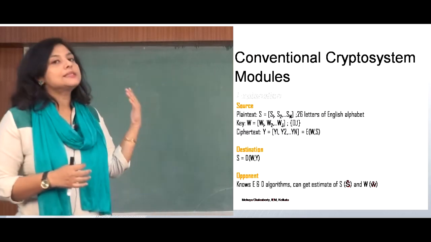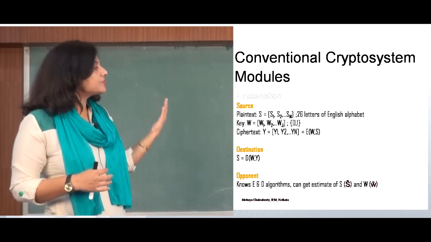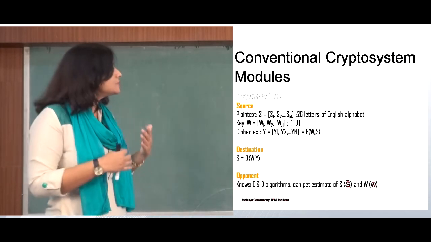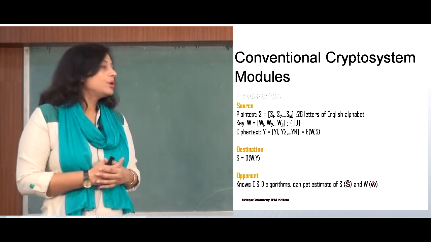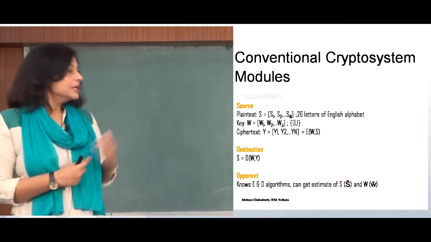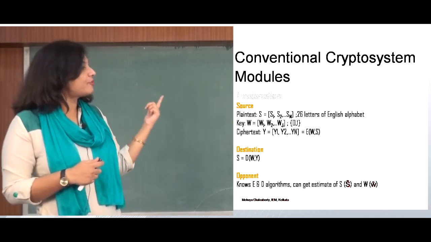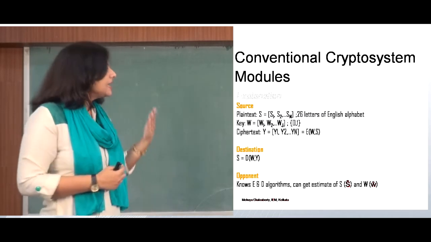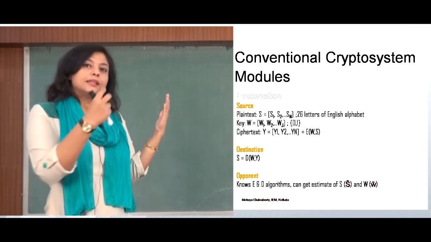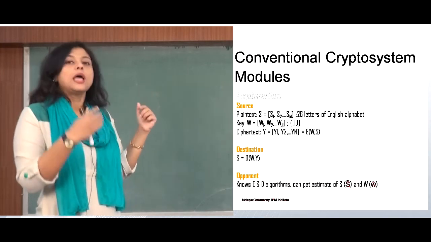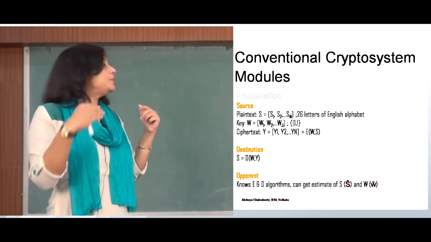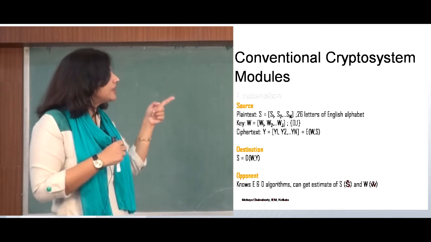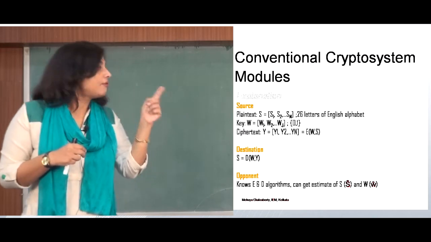And let us say the ciphertext that is generated is represented by the letter Y, consisting of Y1, Y2 up to YM. So basically the ciphertext that is formed is E of W and S. What is E? E is the encryption algorithm that takes in the key W and operates on the plain text S. That is why we have written Y equal to E of W comma S.